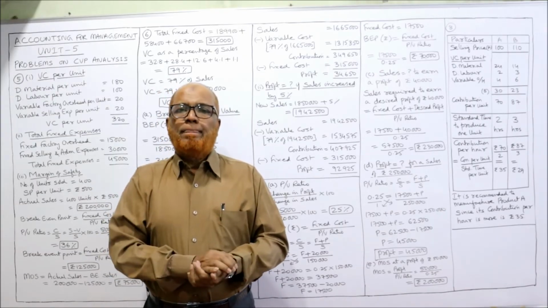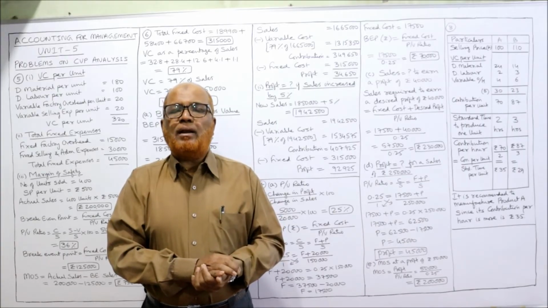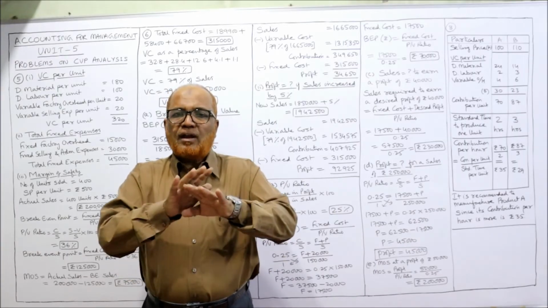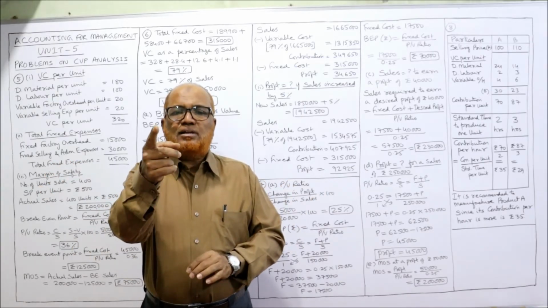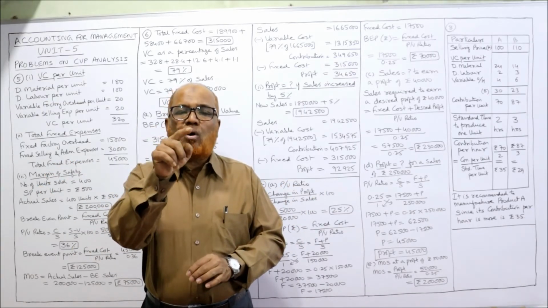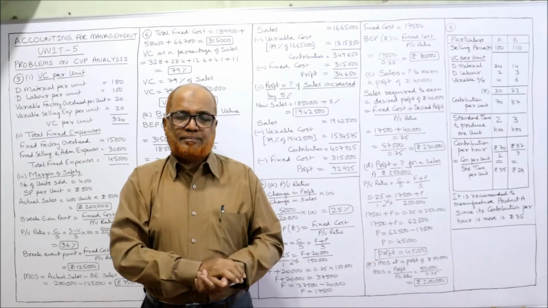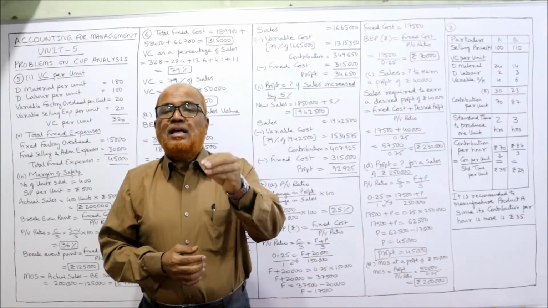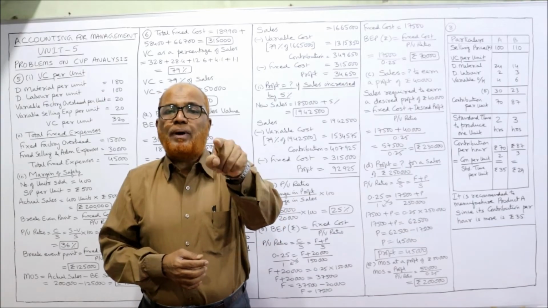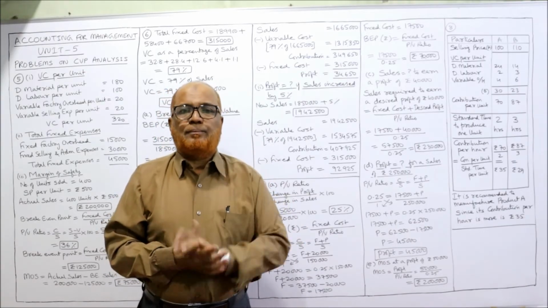So first of all, we should calculate the contribution per unit. If there are no limiting factors, no key factors, that product is suggested which is having more contribution per unit. If key factor is there, then we calculate contribution per unit of that key factor.